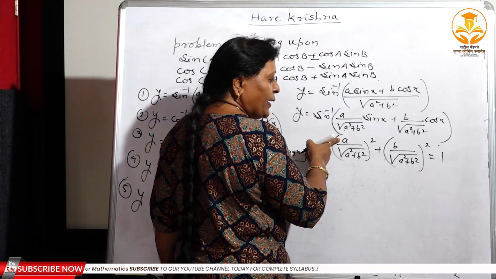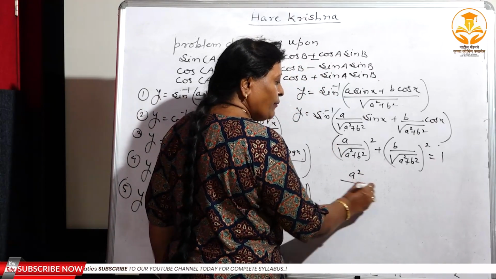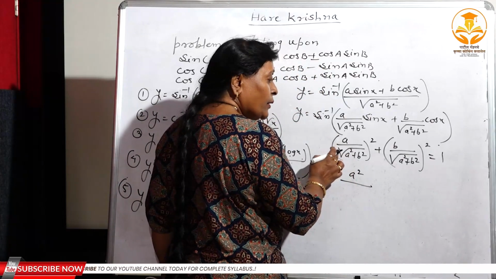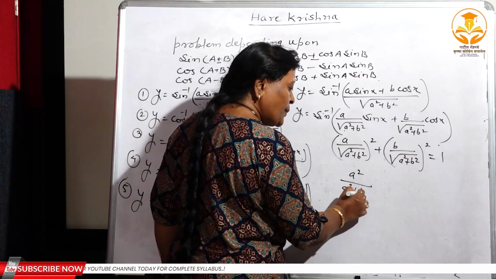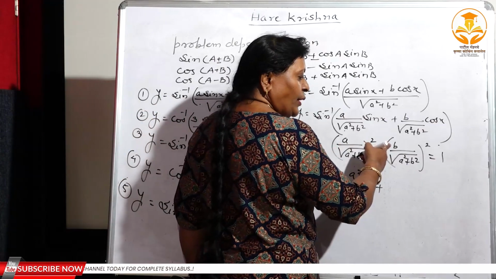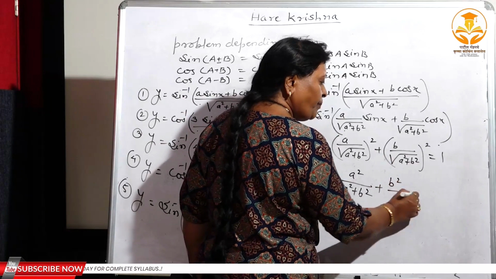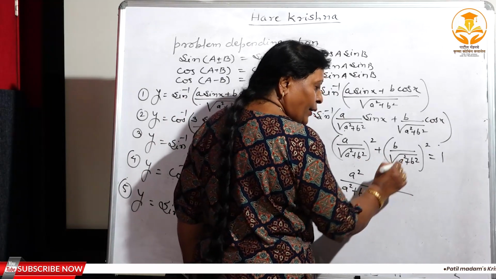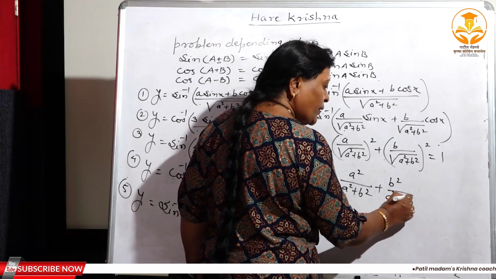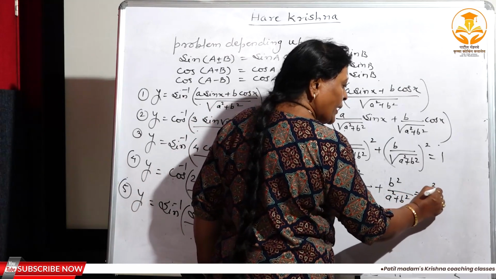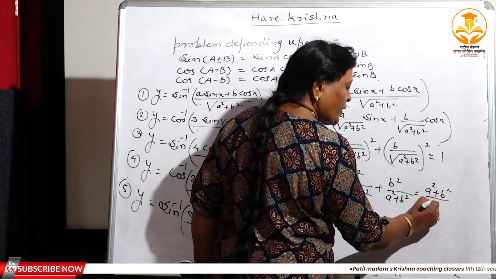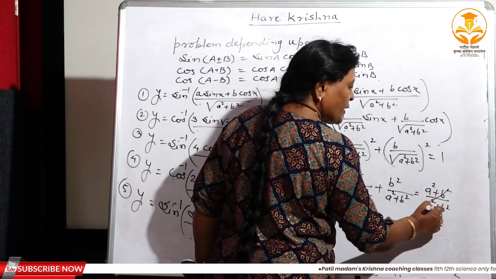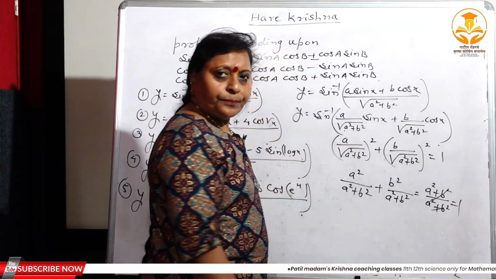See, when you square a square root, the root gets eliminated: A square plus B square. Again, when you square B, that is B square, and again the root gets eliminated: A square plus B square. The denominator is the same, so you can directly add the numerators: A square plus B square divided by A square plus B square gets cancelled, you will get 1.